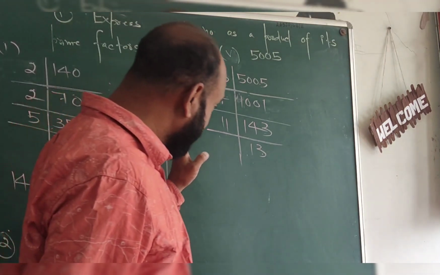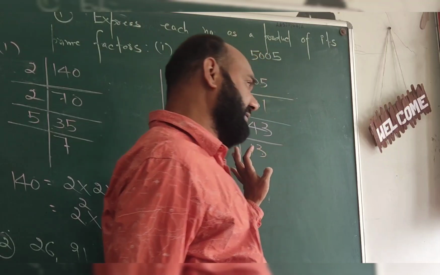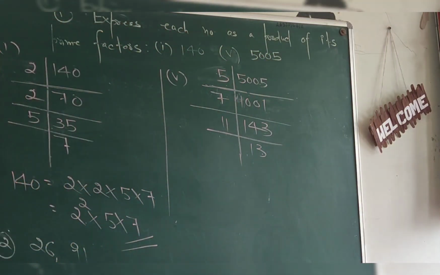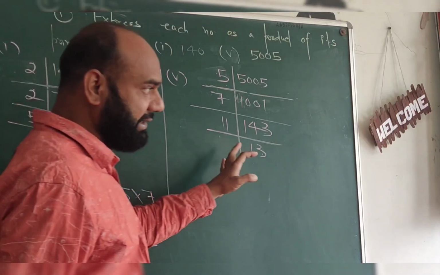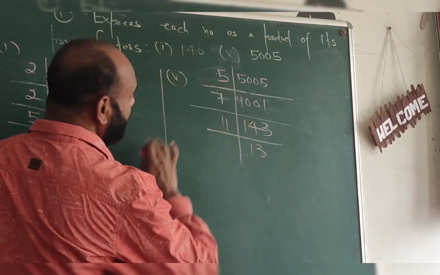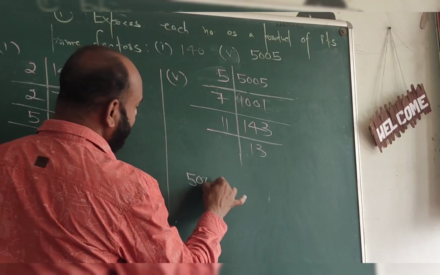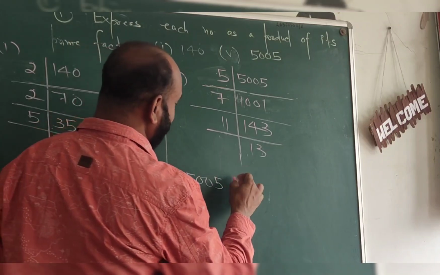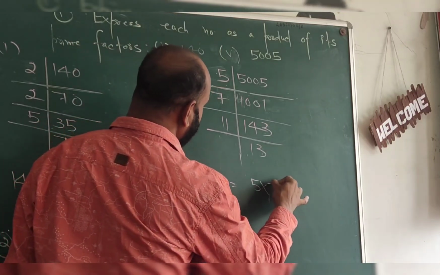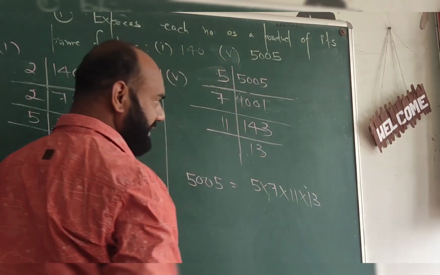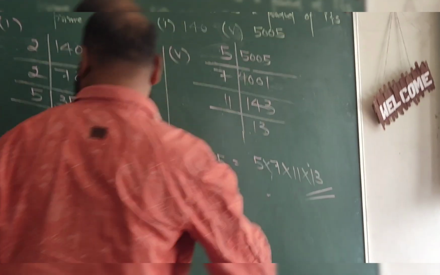It has no more prime factors, because prime numbers are those numbers which have exactly two factors, the given number and 1. Okay. So the prime factorization of 5005 can be written in the form 5 multiplied by 7 multiplied by 11 multiplied by 13, and this is the right answer.